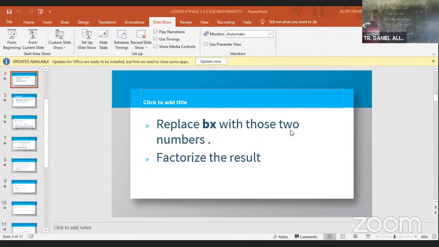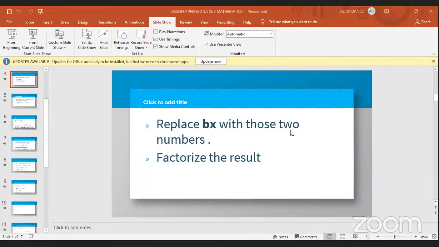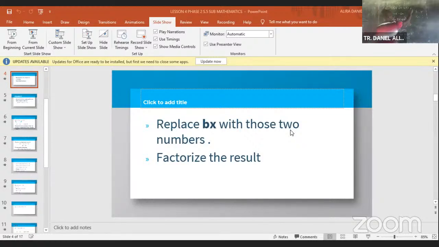You press mode. Press mode again until you see equation, until you see E2N.